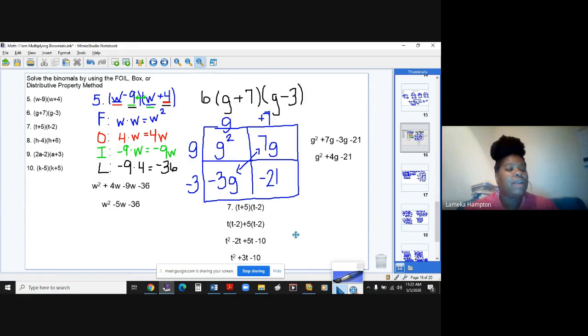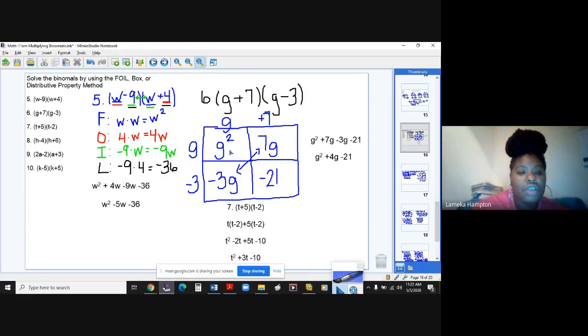All right, so now I want to finish out the rest of these problems, and I am going to use the same methods again. So remember, I'm using each method to show you how you would solve the problem. But Ms. Hampton's personal favorite is the box method because again, it is cleaner, more visually appealing to the eye, and you can see where things go.